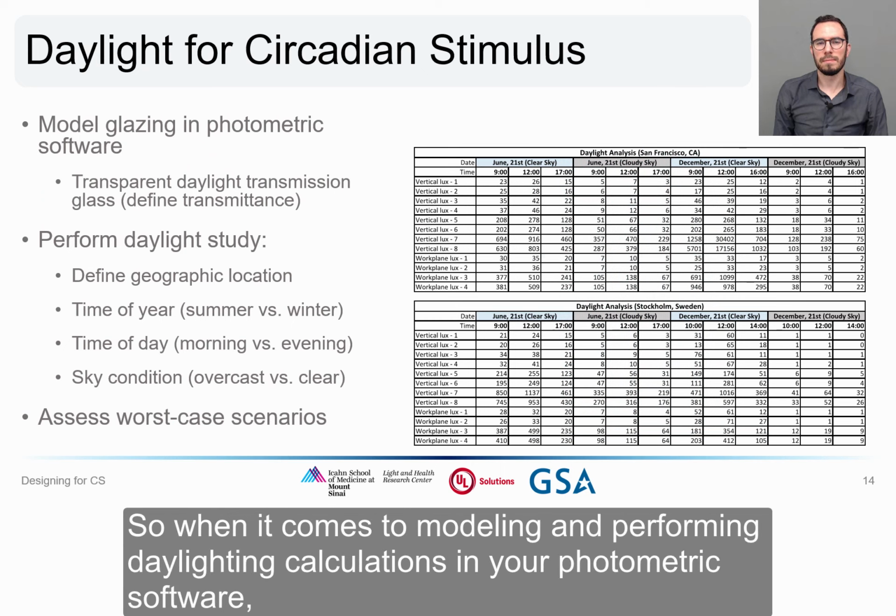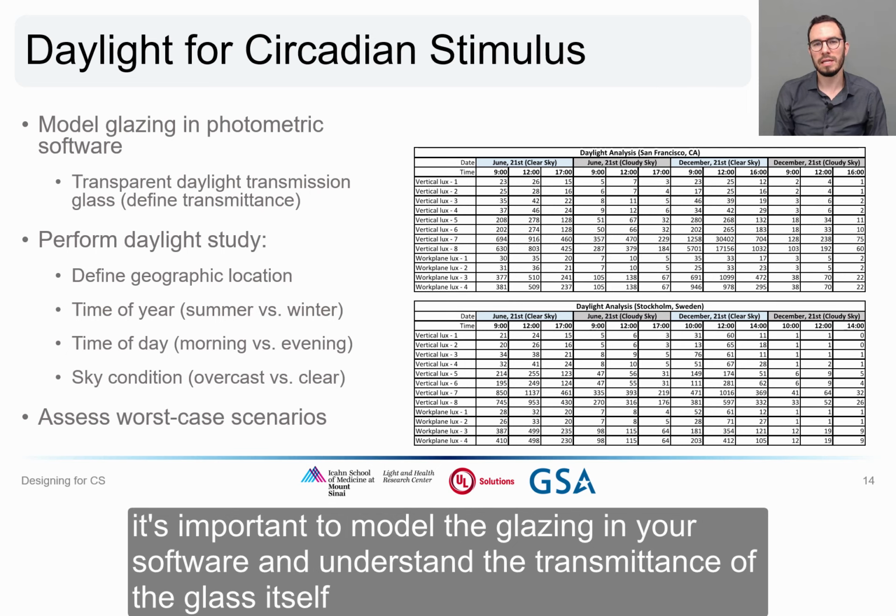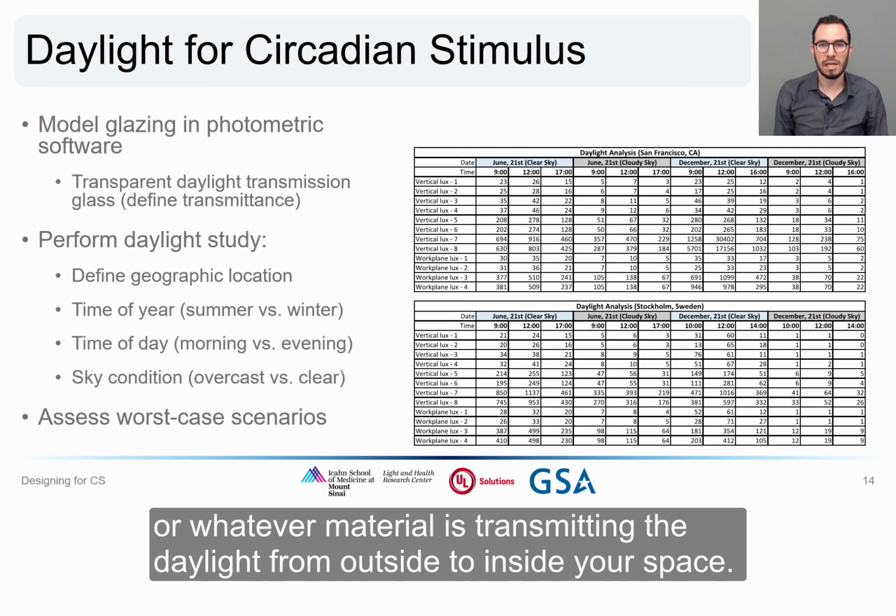So when it comes to modeling and performing daylighting calculations in your photometric software, it's important to model the glazing in your software and understand the transmittance of the glass itself or whatever material is transmitting the daylight from outside to inside your space.